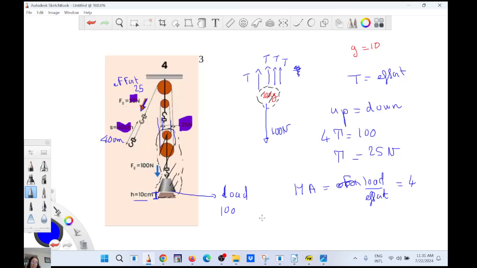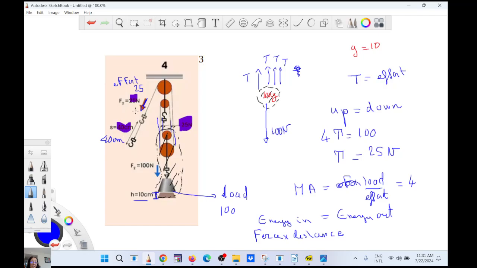Okay, so energy in equals energy out. Energy in is energy in transfer, so here it will be force times the distance.